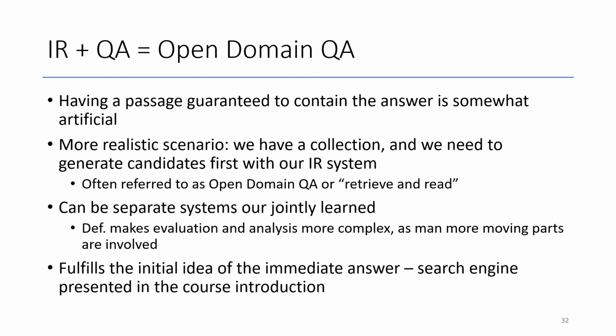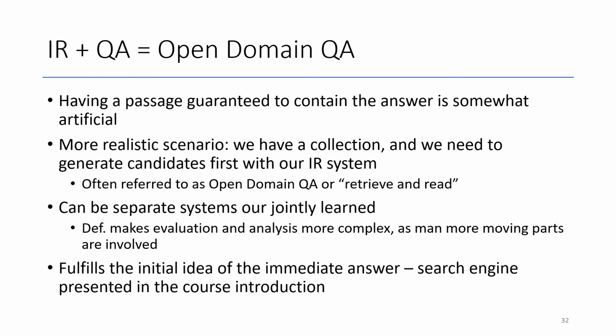Now, if we want to create a more realistic system where the passage is not yet given, but we have to look at a full collection of passages given a query, we combine information retrieval and QA, and commonly this is referred to as open domain QA, where we have a collection, we need to index our collection, and usually an IR system needs to generate candidates first, and then our reading system that tries to extract the answer is applied to the top candidates.